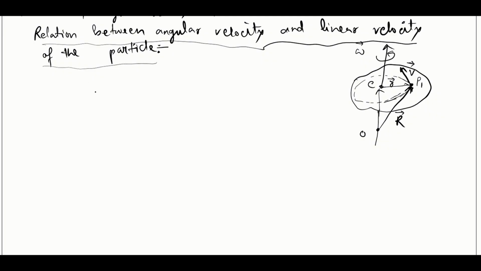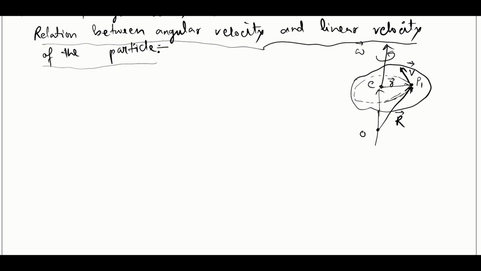Now, since this omega vector, that means the angular velocity vector, is along the axis of rotation, let us take this particle here, and this is the origin of the coordinate system.